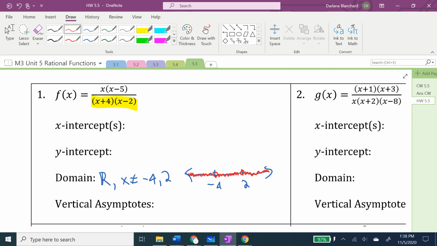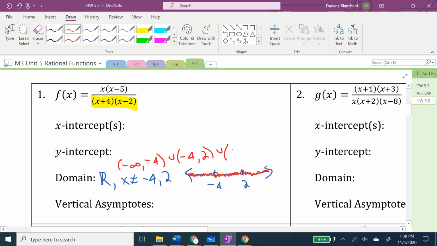So every single x that makes the denominator 0, you can basically mark it on a number line, and then with the domain, you're expected to write out from -infinity to -4, but not including that. Then from -4 to 2, but not including 2.